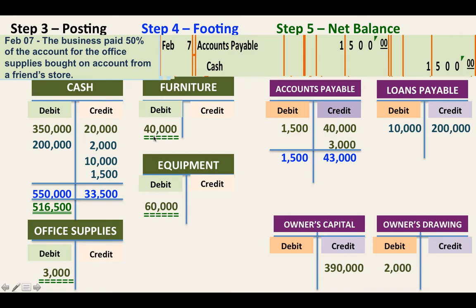Take note, class, that it's not a broken double rule. It's a straight double rule. In this case, I just couldn't find an image of a straight line that can be double ruled, so I used this. But it has to be a straight double rule. Take note of that, class. So for a single amount, it means that this is the net balance. So in this accounts payable, we have to get the difference.